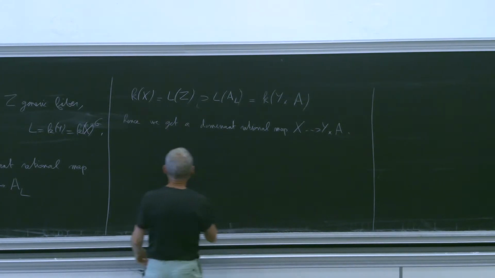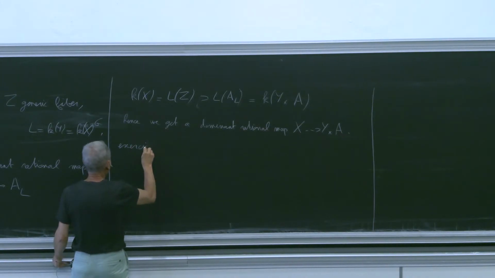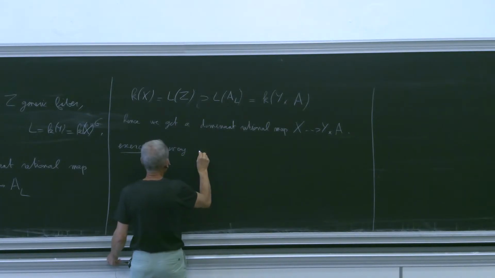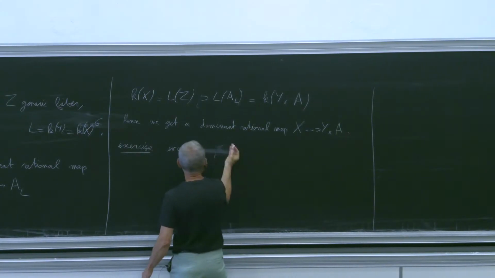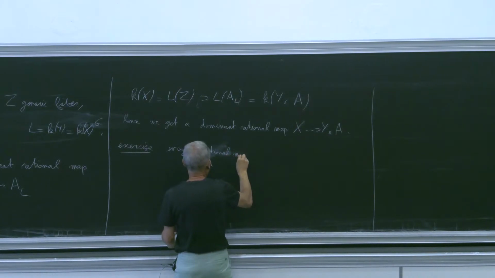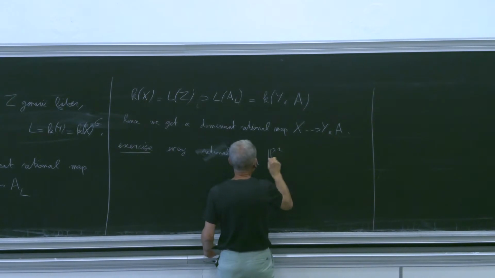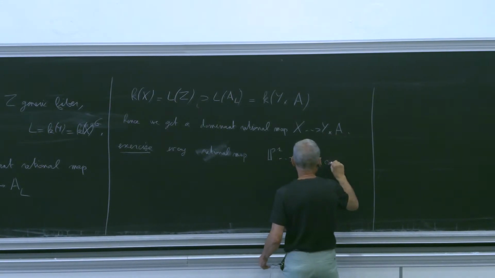Maybe I'll put it as an exercise, even if we already saw this: every homomorphism, well, maybe a rational map from P^1 to A is constant.